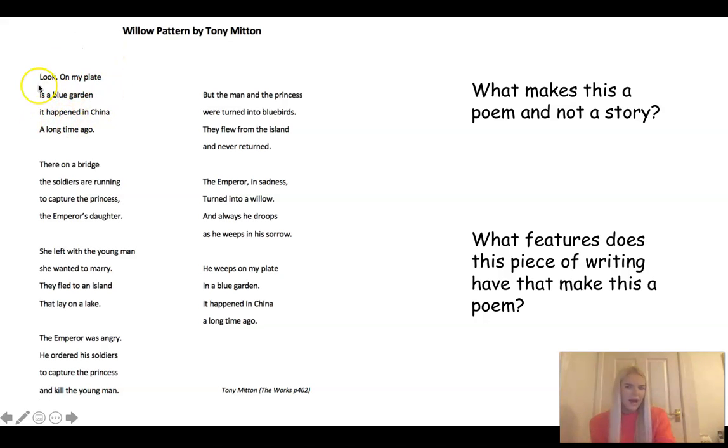Now, they don't call them paragraphs, they call them something like a stanza. A stanza is a bit like a paragraph, but it's actually like a verse. So it's like a section of the poem. And in this poem, we can see 1, 2, 3, 4, 5, 6, 7 stanzas. Okay, so that's what makes it a bit like a poem and not a story.